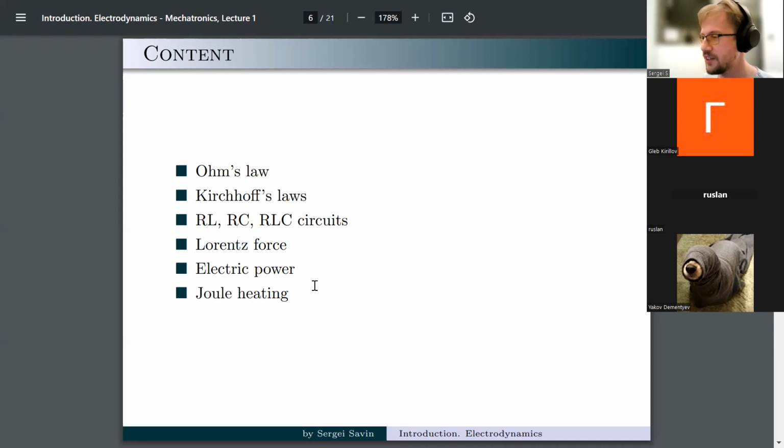We will discuss various aspects that are specific to motors, not just electricity and mechanics. There are some things that are specific to the motors themselves. We will understand that, and after that, we will spend a little bit of time on control and so on.